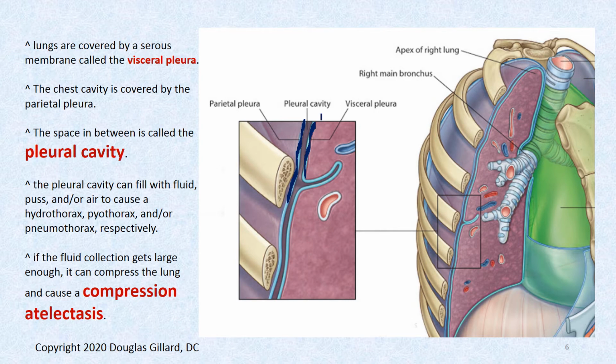This is the all-important pleural cavity, and it's similar to the pericardial cavity, similar to the peritoneal cavity, the 3 Ps. It can get filled up with fluid, right? If this starts filling up with too much fluid, it can start to push the lung in.